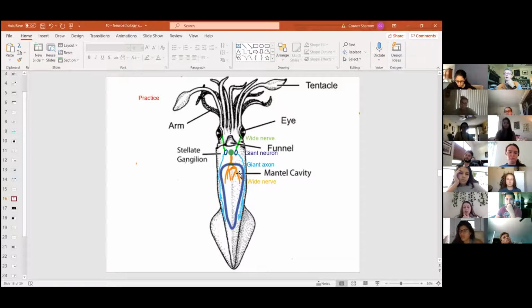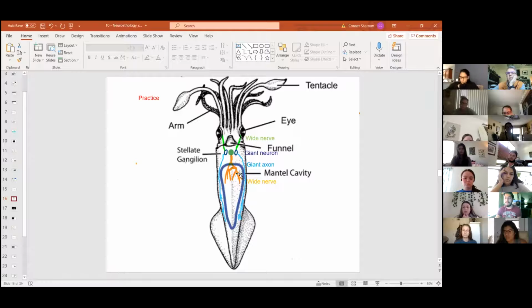The posterior end. Yeah, middle to posterior. And what about these in orange? Are those wide nerves as well? Yes, those are wide nerves connecting from the stellate ganglion to the mantle cavity. That's at least what we were thinking. Where would the widest nerves be based on this logic? Based on this logic, the widest nerves would be towards the posterior because you want to expel as much as possible from the posterior to the anterior.